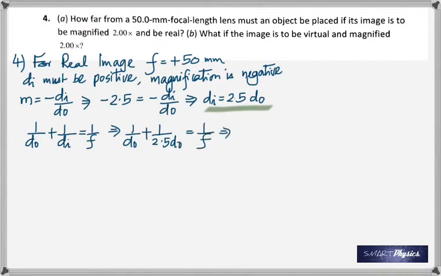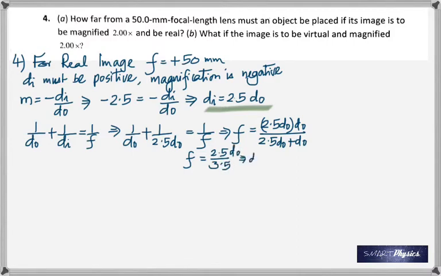And then from that, if you make the focal length the subject, you get that, because you have a DO squared and a DO. So from there, rearrange and find DO as 70 millimeter.